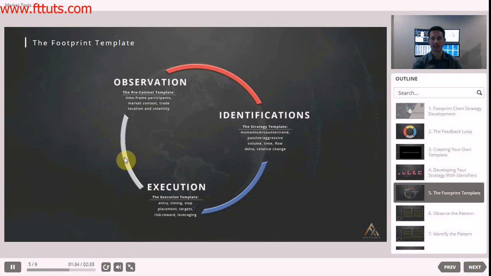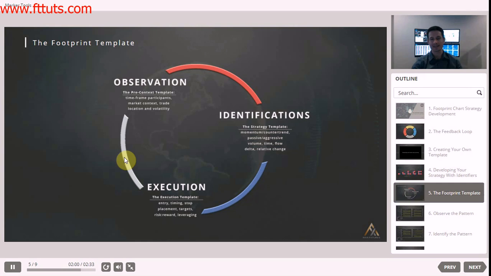Once we've observed the potential pre-context or preconditions, we then move on to the identification of one of the 10 unique strategies you're going to learn. These will effectively be the strategy identifiers, or the characteristics of each strategy. Some of the identification parameters are momentum and counter trend, passive aggressive flow, volume, time, flow, delta, and relative changes.